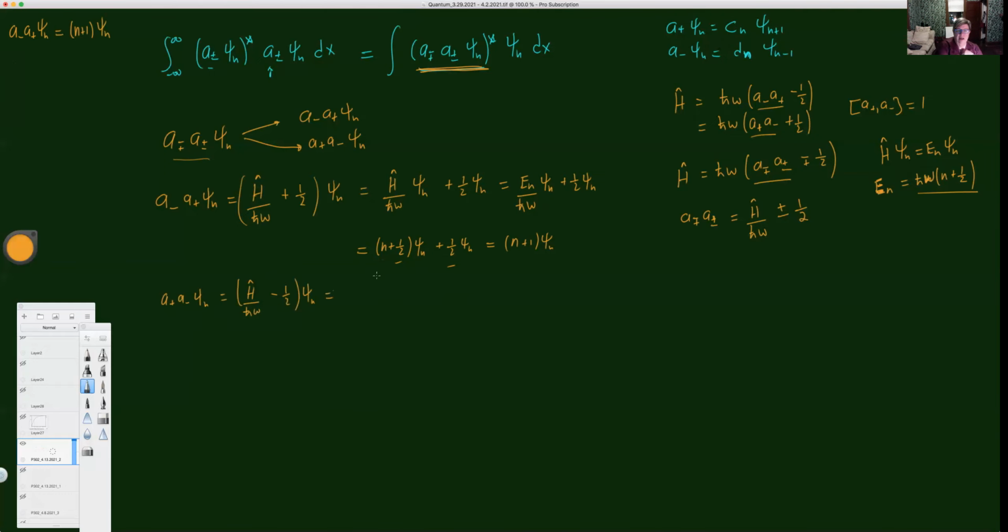And again, the Hamiltonian acting on psi n over h bar omega minus 1/2 times psi n. And this is going to be the Hamiltonian acting on psi n is En psi n, over h bar omega, minus 1/2 psi n.